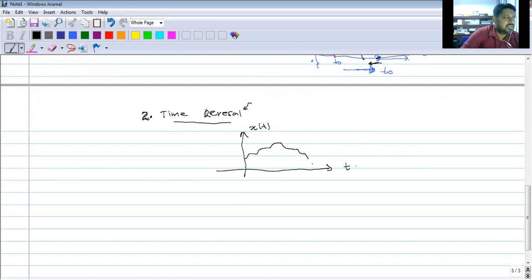If we get the time reverse signal, that means we reverse this signal.